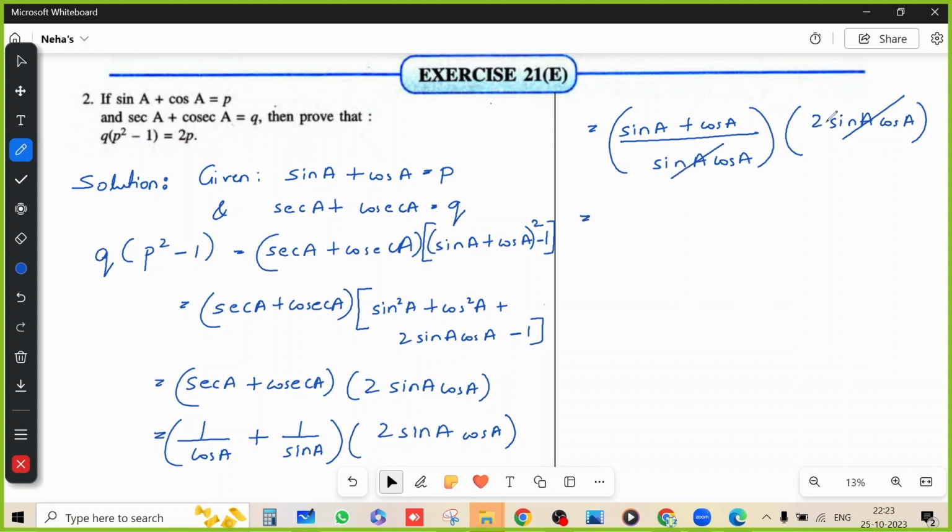We are left with 2 into sin A plus cos A, and we know that sin A plus cos A is given as P. So this will become 2P, which is the right hand side of the equation that we have to prove. So hence we have proved.